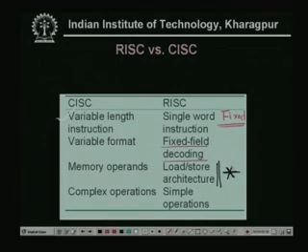Here all the data are stored in registers, so the operations are performed on data accessed from the registers. CISC has some complex operations, and RISC has simple operations. These are the main differences between the design of CISC and RISC.